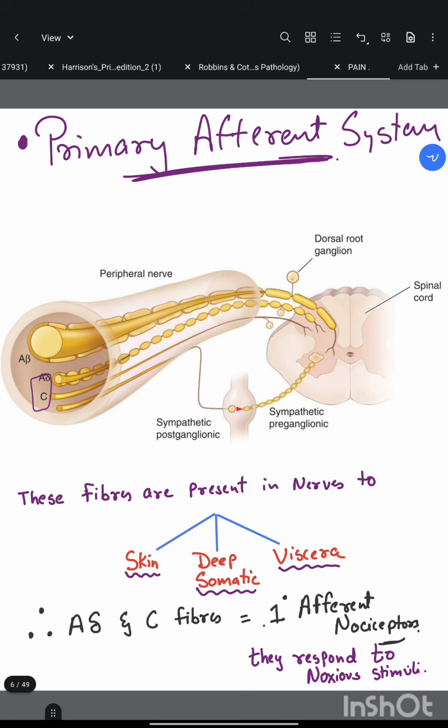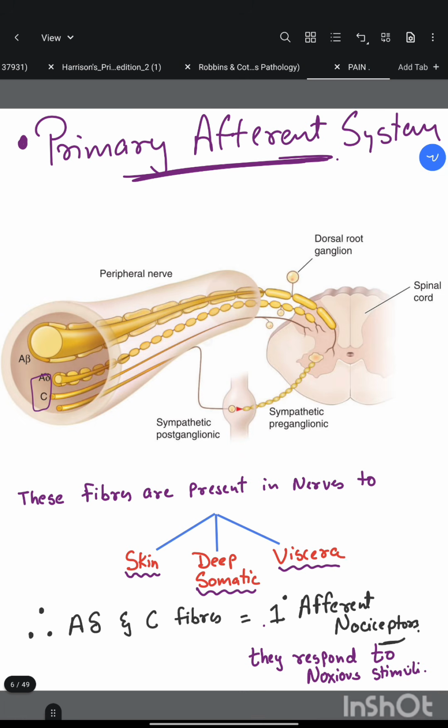A delta is small in diameter but it is also myelinated. A delta fibers are responsible for pain conduction. They take pain from the periphery towards the spinal cord. Also, the C fibers you see here, these are small fibers and they are unmyelinated.